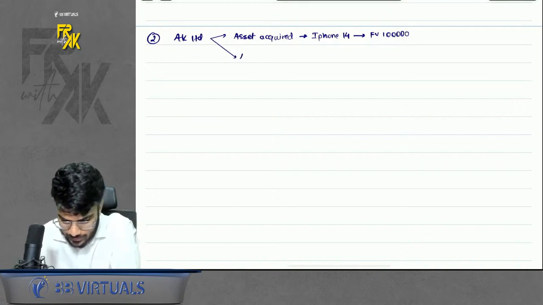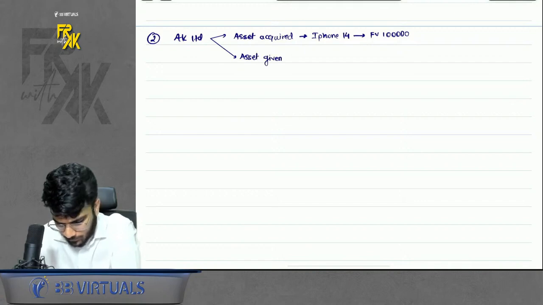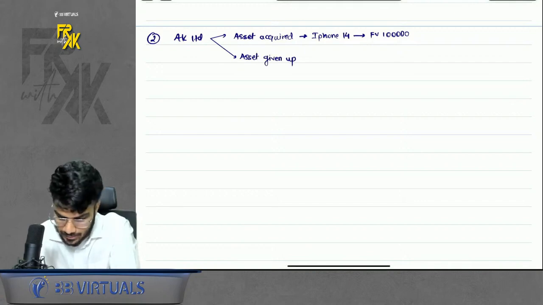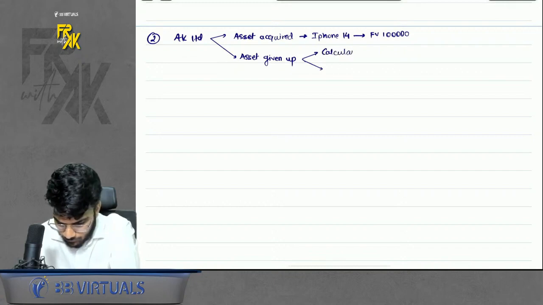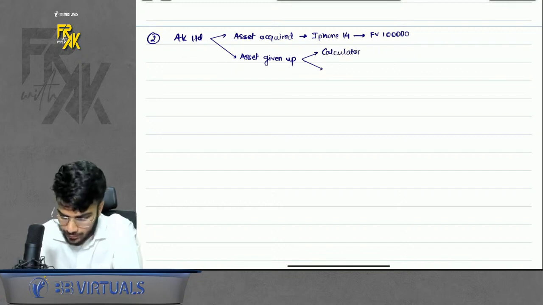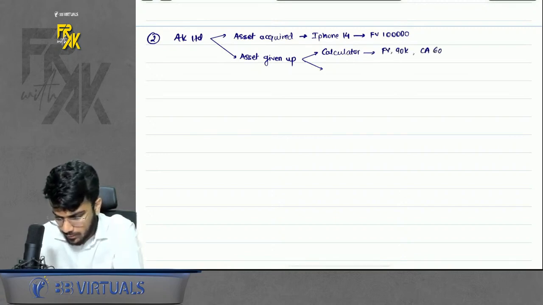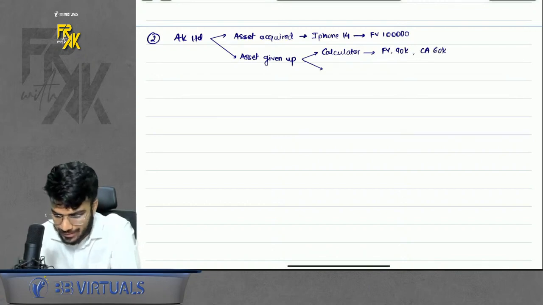And then there is the asset given up, where we gave up a calculator whose fair value was 90,000. Carrying amount was 60,000. But along with the calculator, we also gave one more asset, and that was cash.